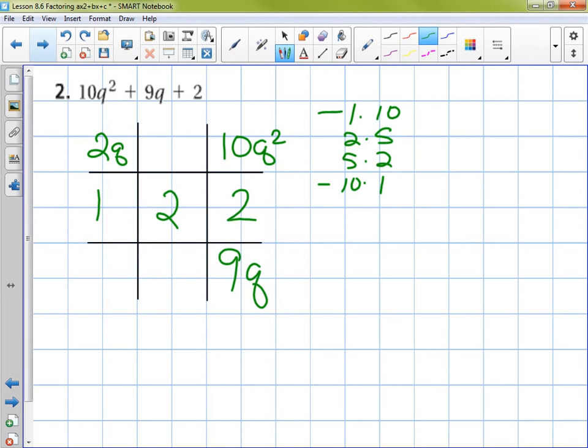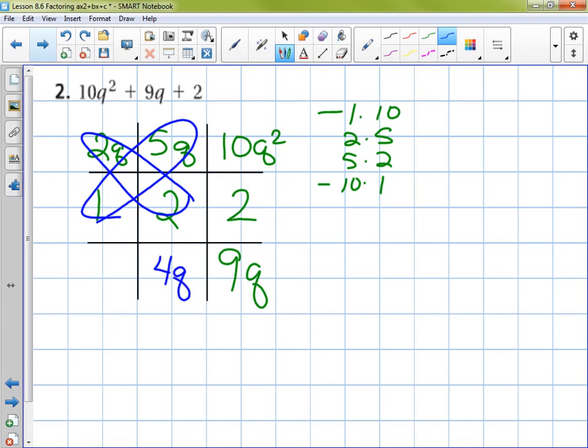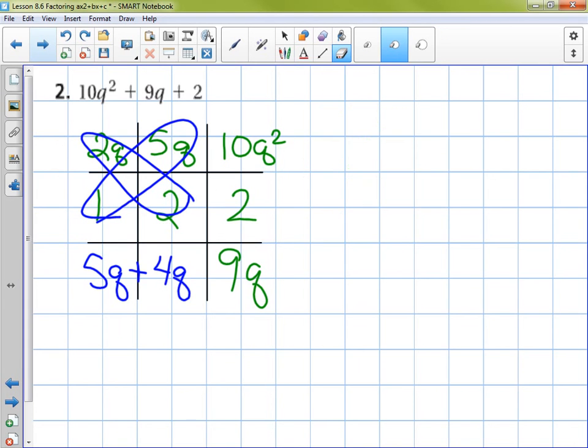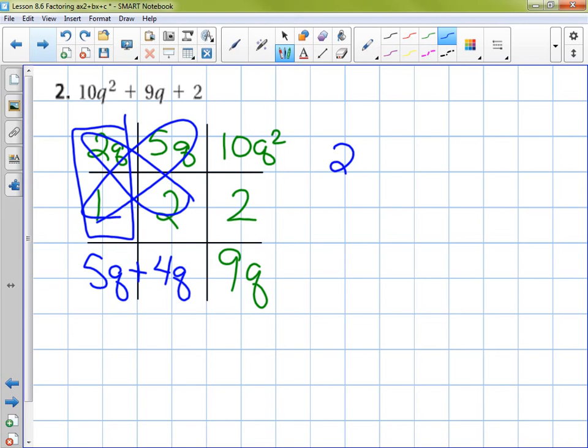So 2q times 5q is 10q squared. 1 times 2 is 2, and now I check the cross products. 2q times 2 is 4q, and 1 times 5q is 5q. 5q plus 4q is 9q. I got it right on the first try. So the answer, again, it's the columns, is 2q plus 1 times 5q plus 2.